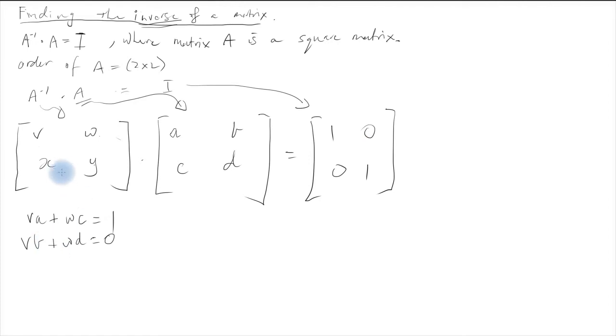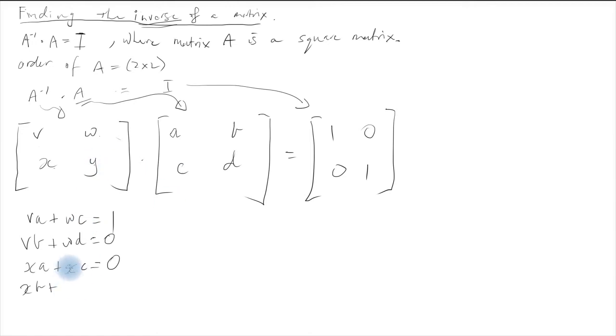Now to find our third spot, this other 0, we've now got the second row multiplied by the first column, so that's X times A plus X times C equals 0. And our final spot is going to be our second row times our second column, XB plus YD.